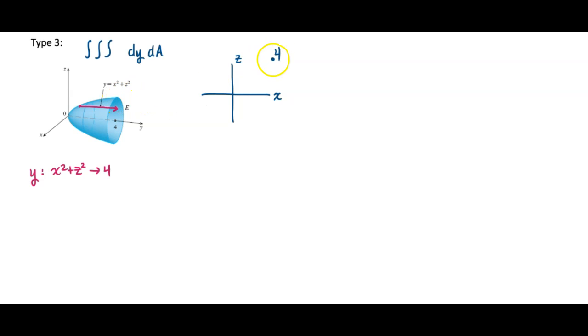So I'm looking at 4 equals x squared plus z squared. Well, isn't this just going to be a circle with a radius of 2? Where this point is 2, this is 2, we've got negative 2 and negative 2. This is 4 equals x squared plus z squared.